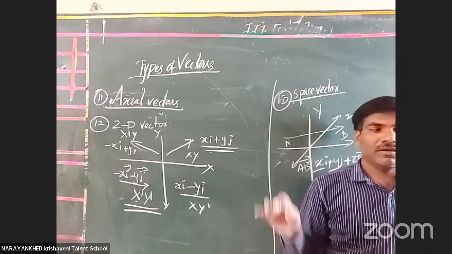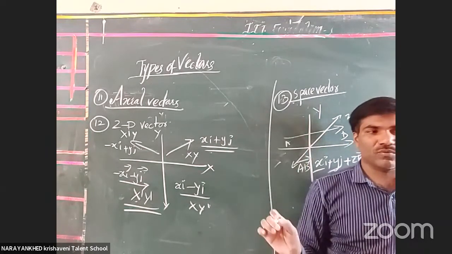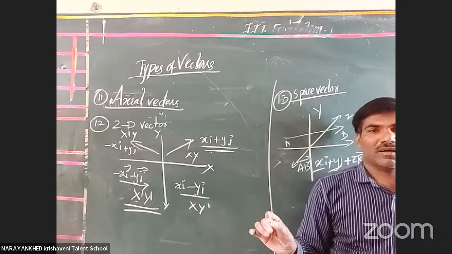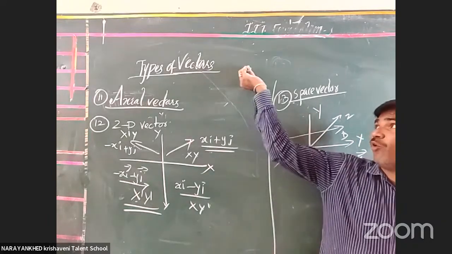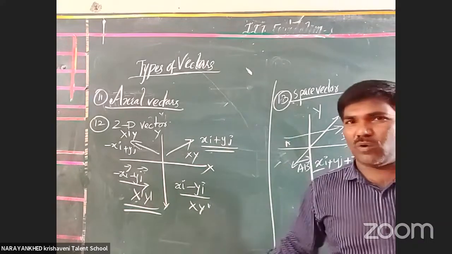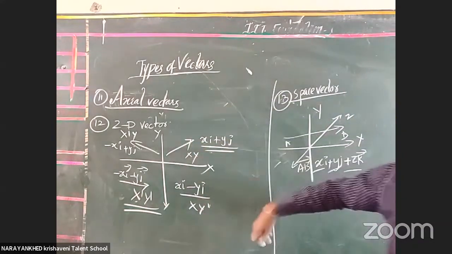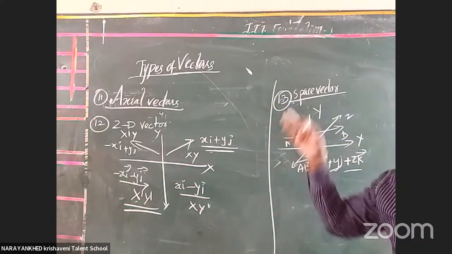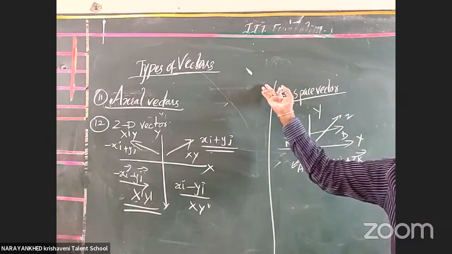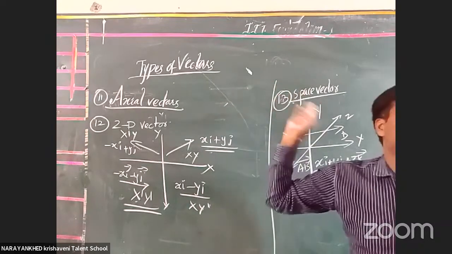At that time, that is called a space vector. Otherwise, suppose I take the board here. The board contains only two axes, only the length and the height. There is no width. Okay, that is called two-dimensional. Clear or not? That is why it is called a 2D vector.